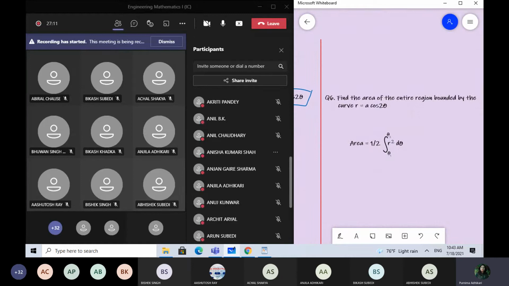Arun Subedi, your equation is r equals a cos 2 theta. Do you remember how many loops for this equation? 4 loops. Very good, 4 loops. What will be your limits of integration? 0 to pi by 4.